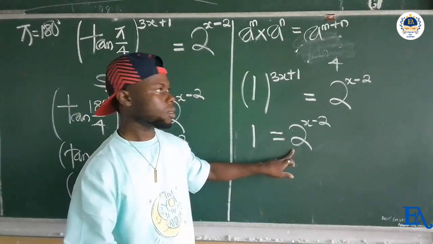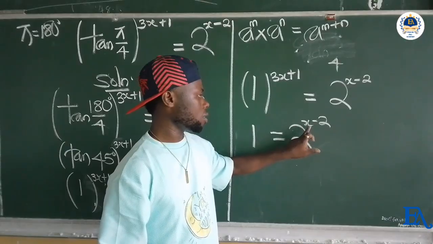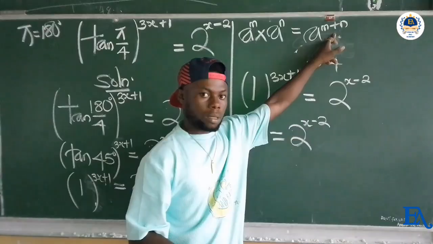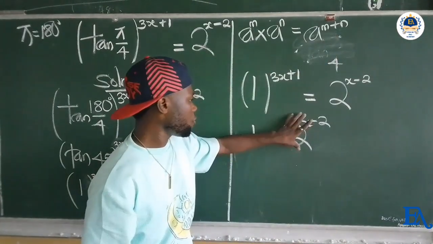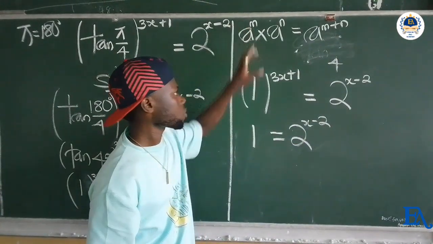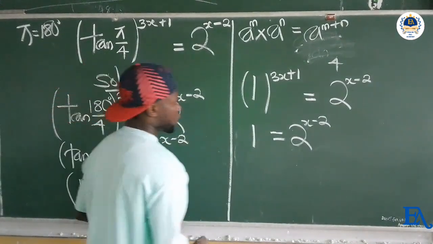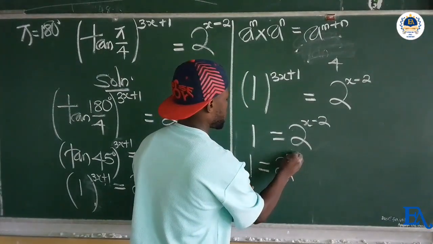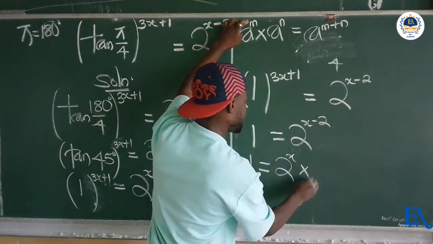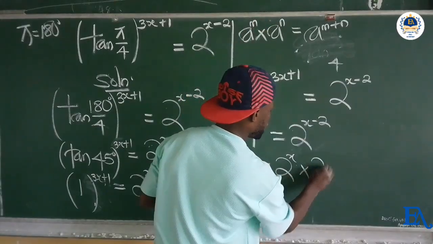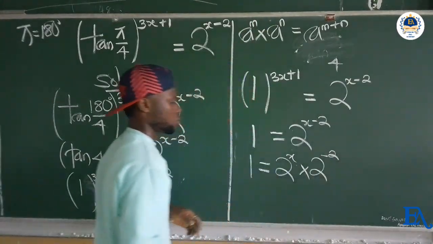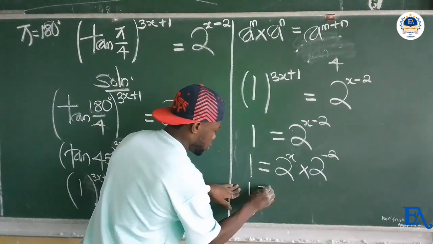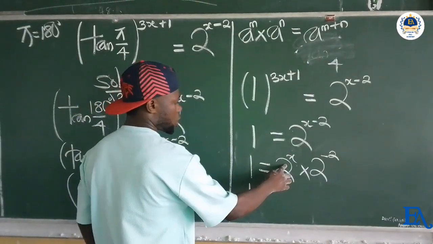It's basically the same. A base, a bigger number carrying 2 terms. Since that is true, let's convert this into this form. Alright, so 1 is equal to 2 raised to the power of x times 2 raised to the power of −2.